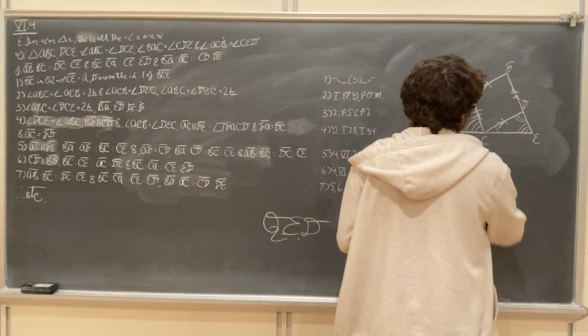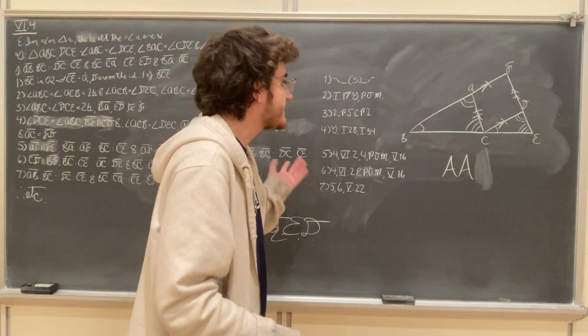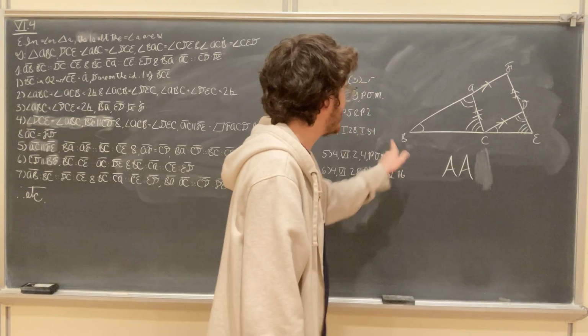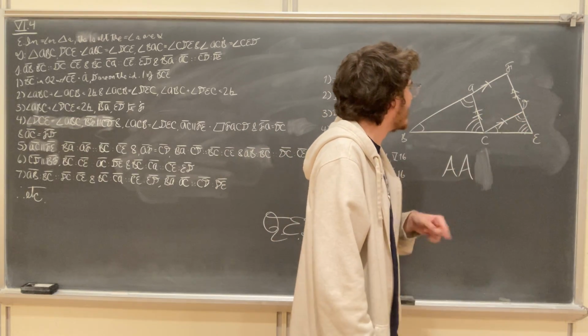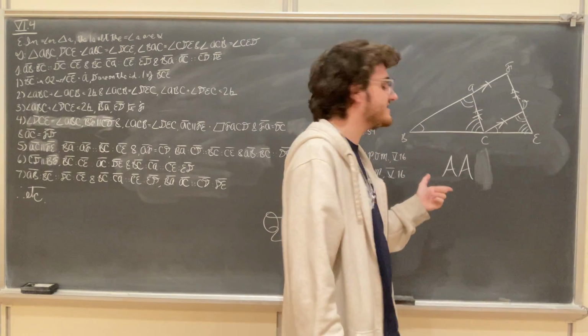Because if we know that within 2 triangles, 2 angles be equal to 2 angles. So like for example, if we know that ABC is equal to DCE and that BAC is equal to CDE, then it must be the case that angle ACB is equal to the angle DEC, right?